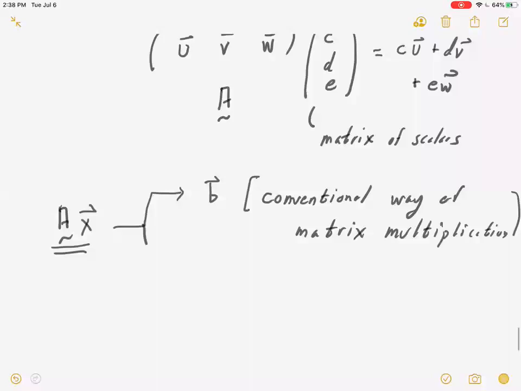Another way is to recognize that B is simply a linear combination. Let's write this in its most general form.